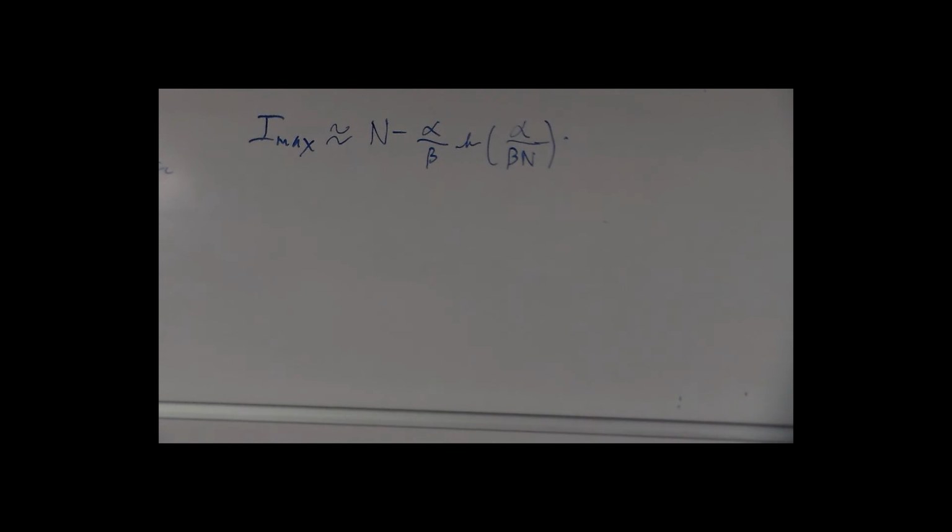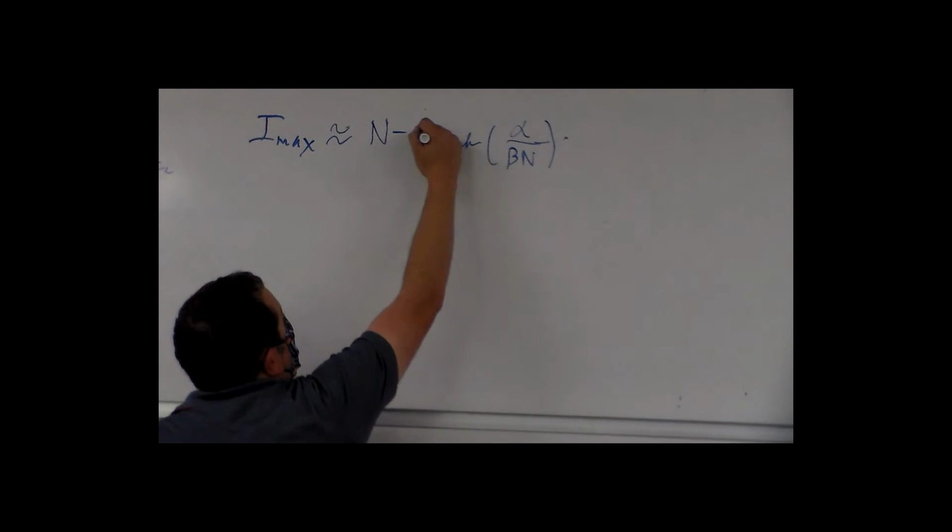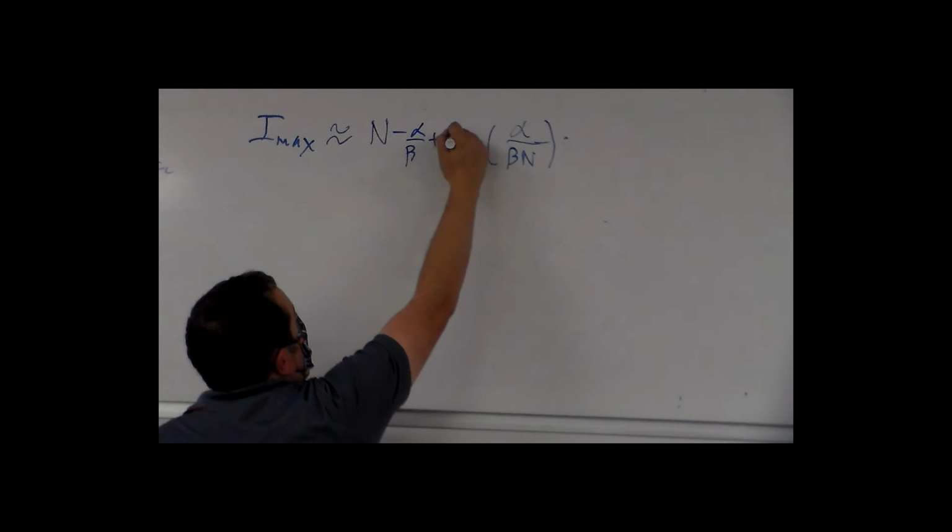Did you drop an alpha over beta term? Almost certainly. Where did I drop it? Yeah, right here, minus alpha over beta plus alpha over beta. Good. Any other mistakes? Okay.